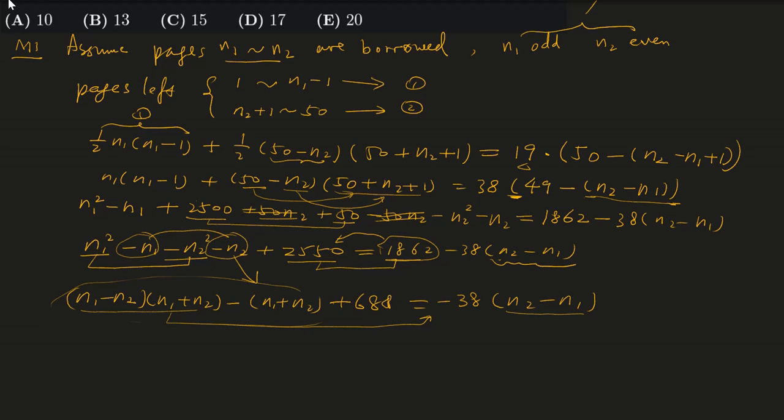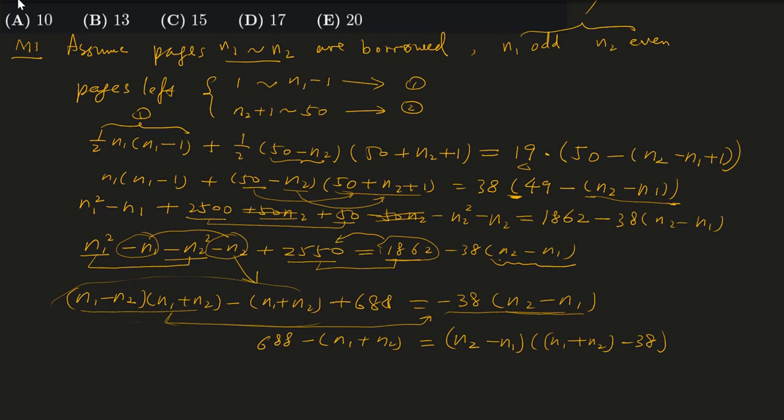It's virtually the same with a slight difference. Okay, anyway, we want to move this to the right-hand side of this equation and then combine with this term. So we have 688 minus n1 plus n2 equals n2 minus n1 times n1 plus n2 minus 38.